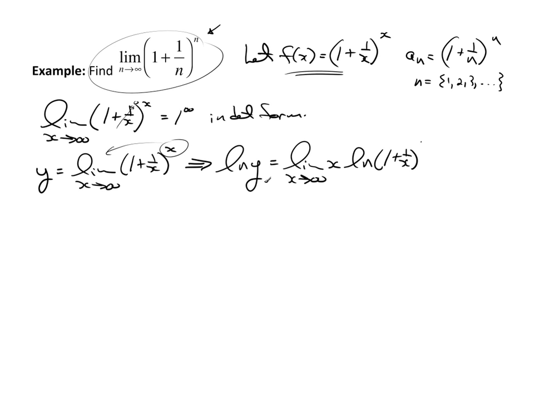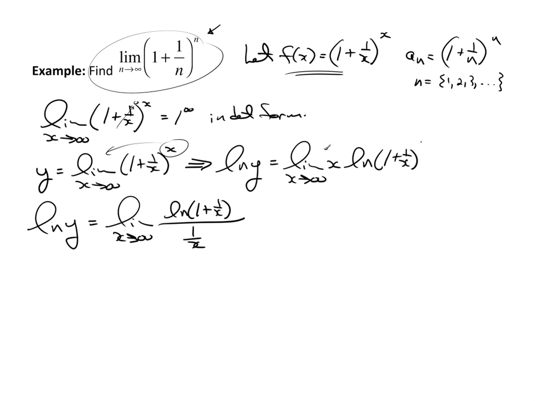And now I want to take a look at this thing and say, okay, what happens if I rewrite this? Ln, natural log of y, equals the limit as x goes to infinity of the natural log of 1 plus 1 over x over 1 over x.